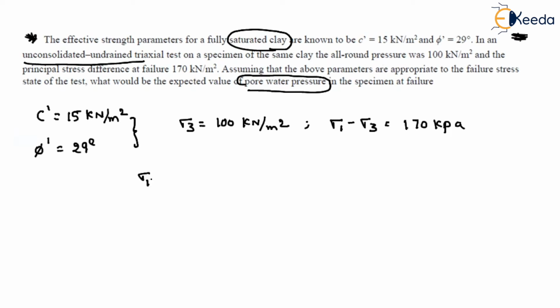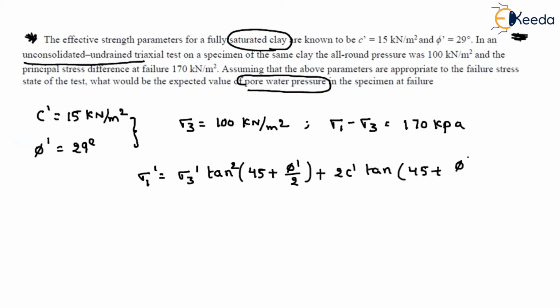That is sigma 1 dash equals sigma 3 dash tan square of 45 plus phi dash by 2, plus 2c dash tan of 45 plus phi dash by 2. Now see this equation, we should know sigma 1 dash and sigma 3 dash.